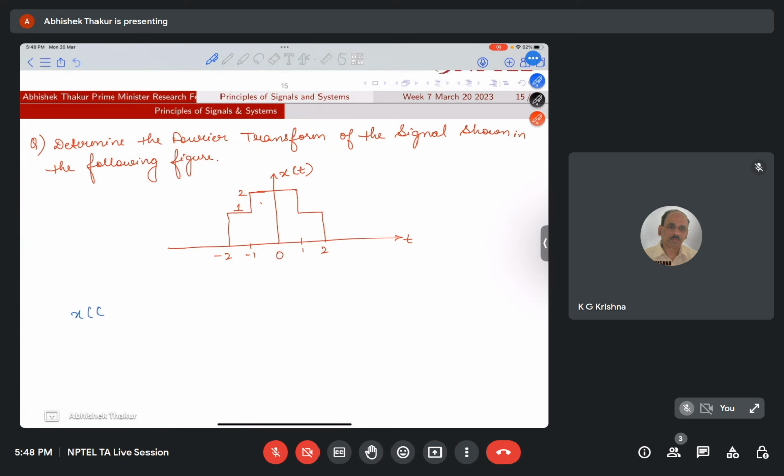This x(t) is equal to x1(t) plus x2(t). When you add these, you get the signal x(t).